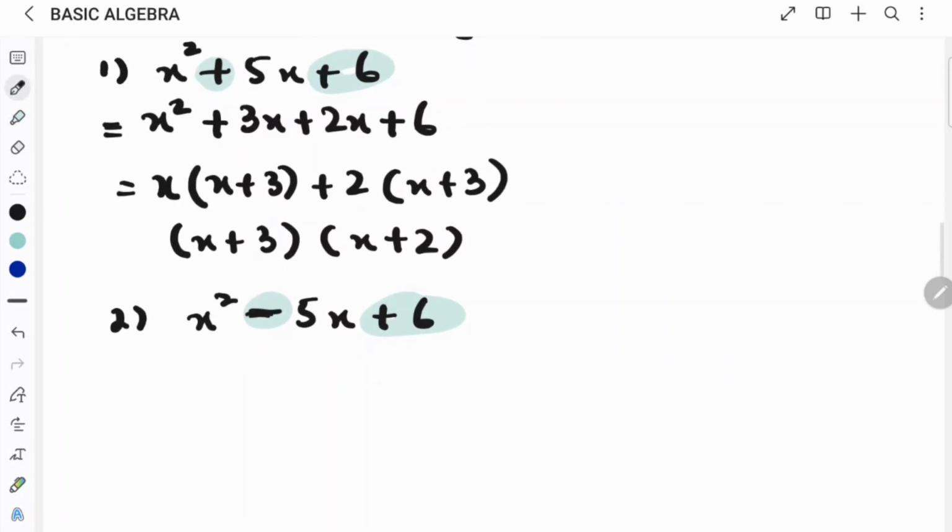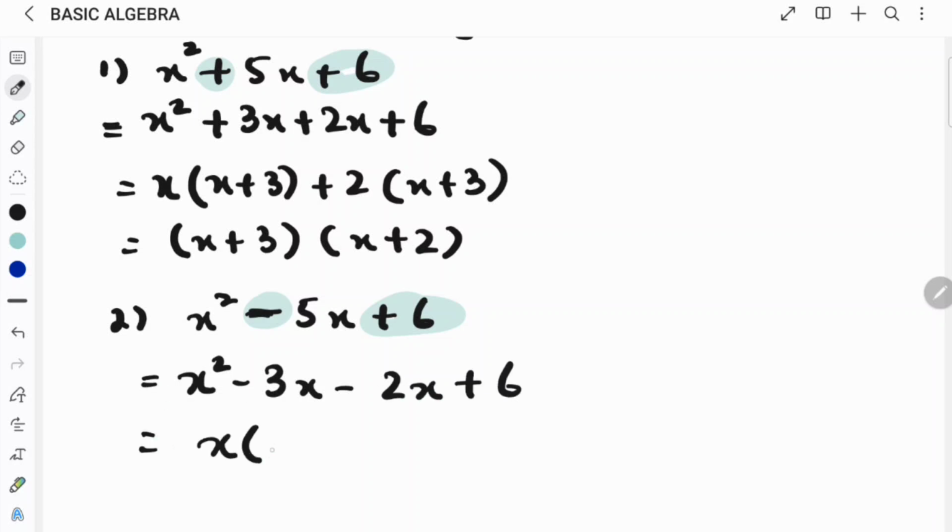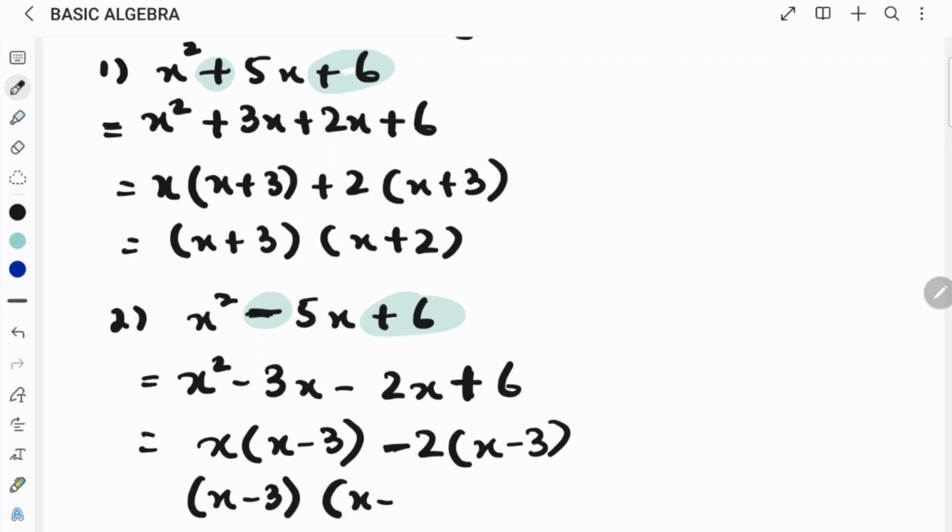So plus means 6 ones are 6, product is positive, take the sum in the middle, but you write down minus 3x and minus 2x plus 6. So here by grouping x into x minus 3, minus 2 into x minus 3, if you have taken the minus sign outside common, the inner signs will change. So x minus 3 and x minus 2.